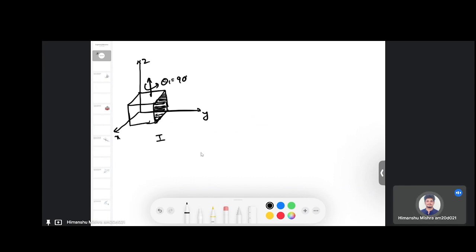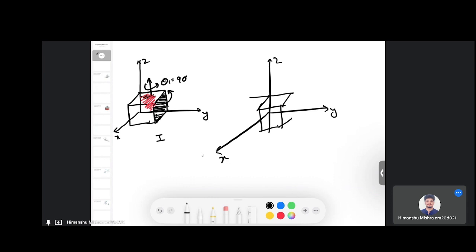So what will happen? This face will turn to this part, and this shaded part will now exist here after rotation.